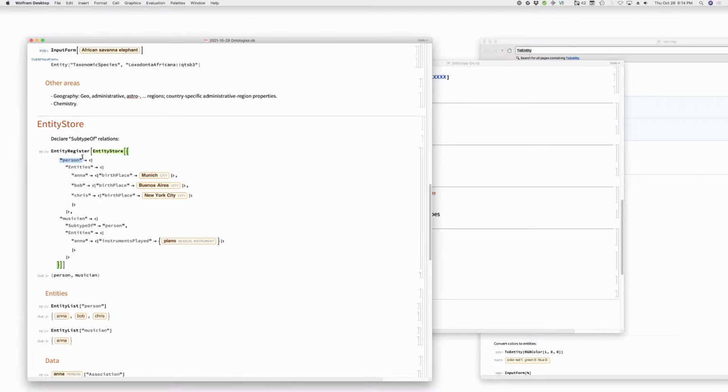And the subtype of, I think that has to refer to two different possible meanings there. This is the thing that is the naming inheritance, or this is the thing that is property inheritance. With respect to entity stores, I think it will be virtually always properties.